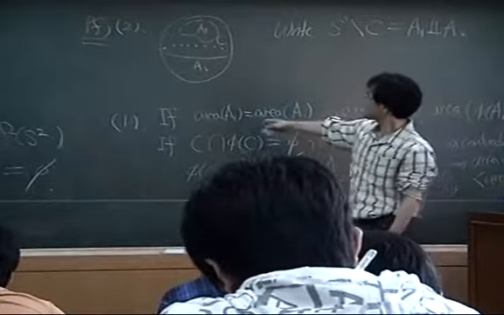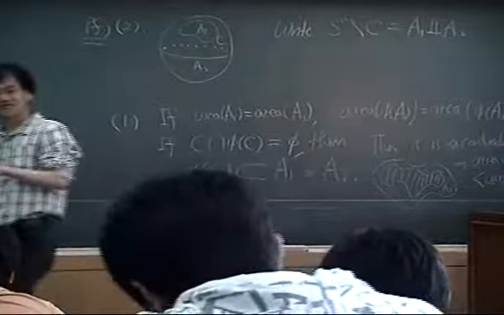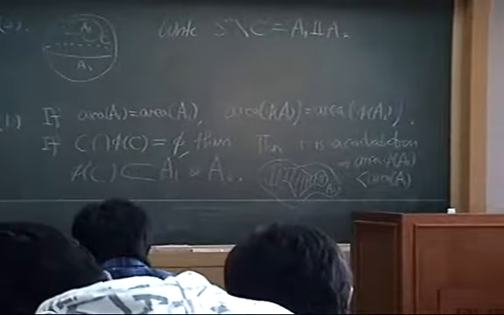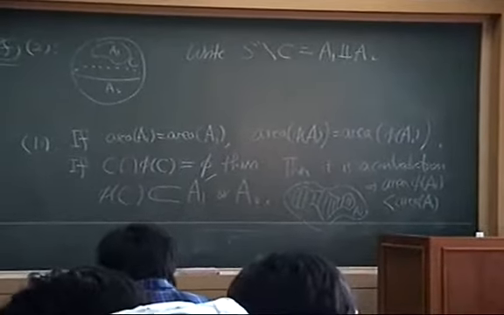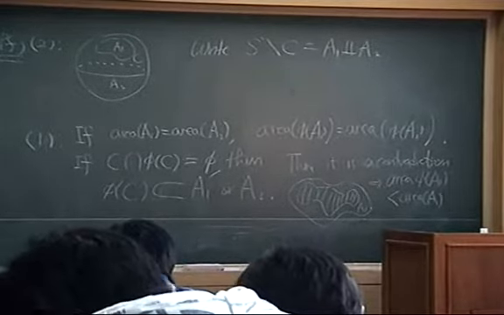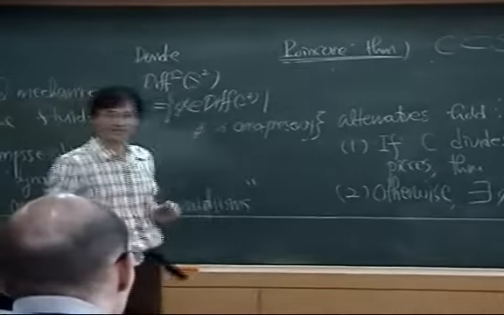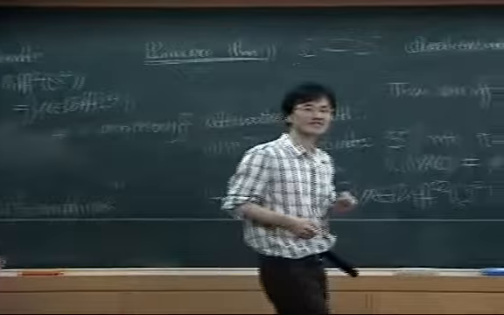So, if the curve divides the sphere into two equal area pieces, then for any area preserving diffeomorphism, its image must intersect with the original curve. In fact, there are at least two intersections.